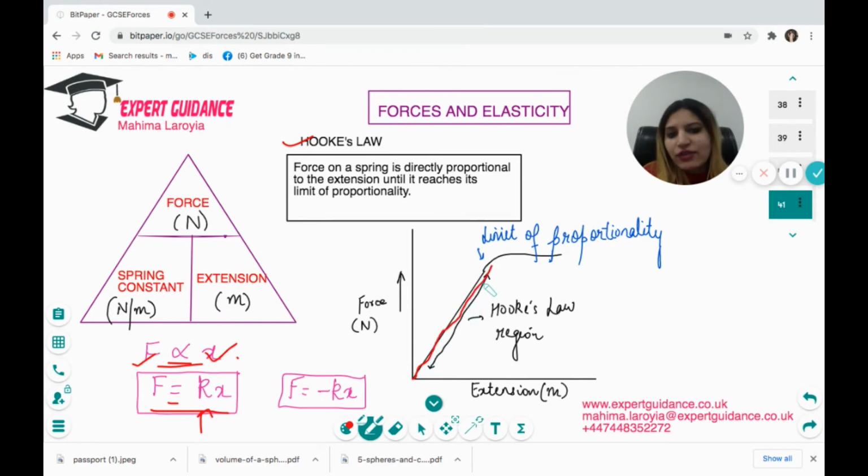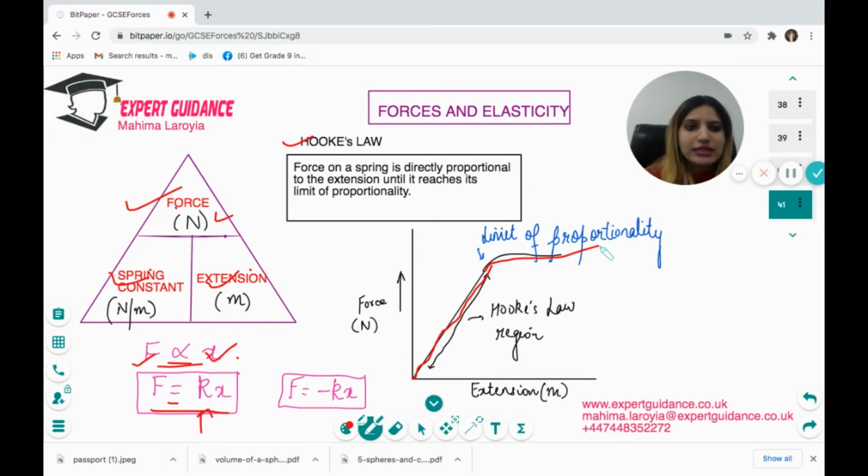As we increase the force, the extension increases, and this is the graph which shows a spring obeying Hooke's law. We can use this triangle: force is equal to k times e, where force is given in newtons, the spring constant is given in newtons per meter, and extension is in meters. You can see that there is a little curve and flattening of the graph here, and this is the point which is the limit of proportionality, or the elastic limit.